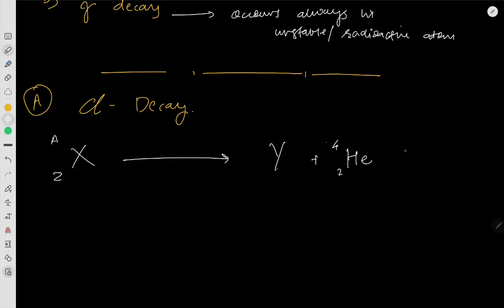This is the representation. And now by conservation of mass, here is A and here is 4, so as to balance both sides I have to write here A minus 4, and downside I have to write Z minus 2. This is because of conservation of mass, and along with that heat is evolved.